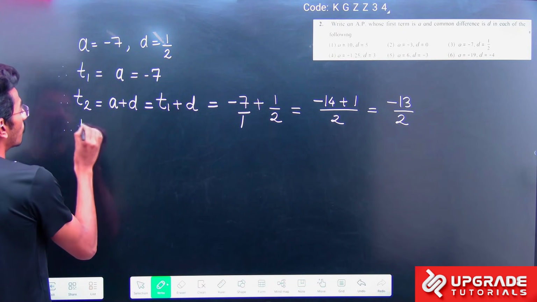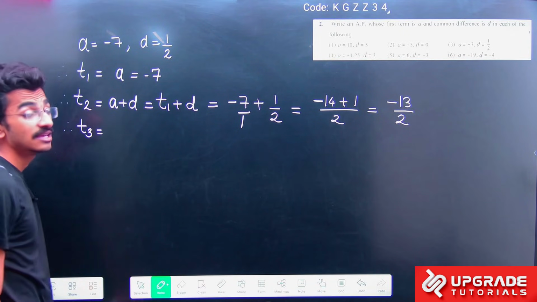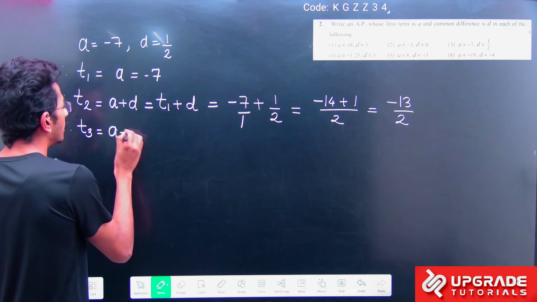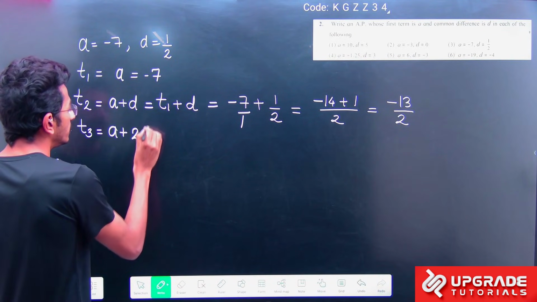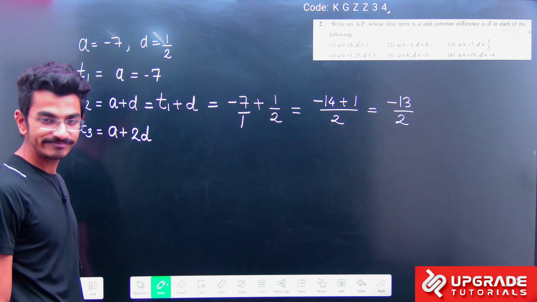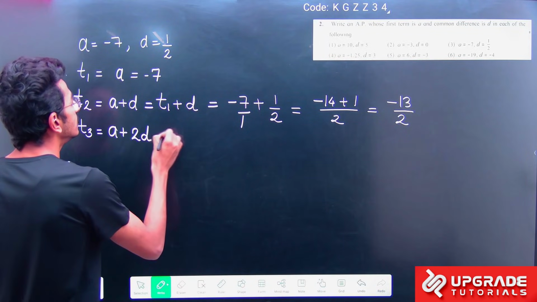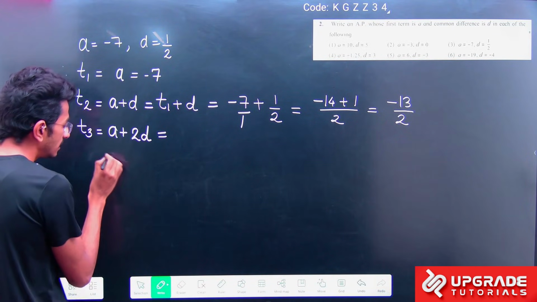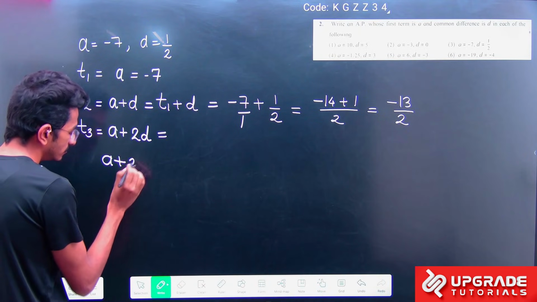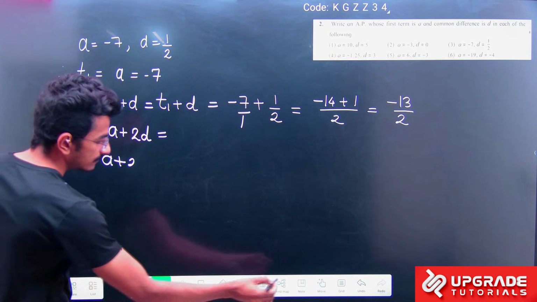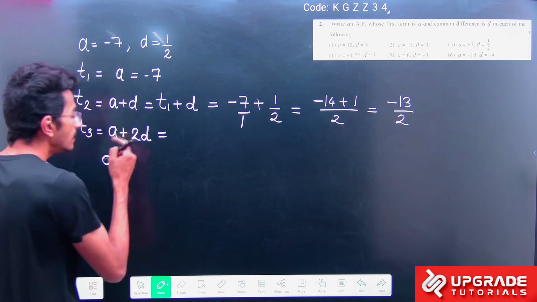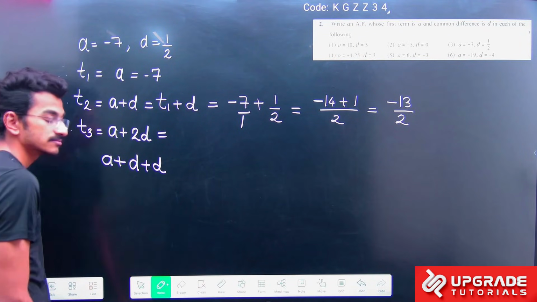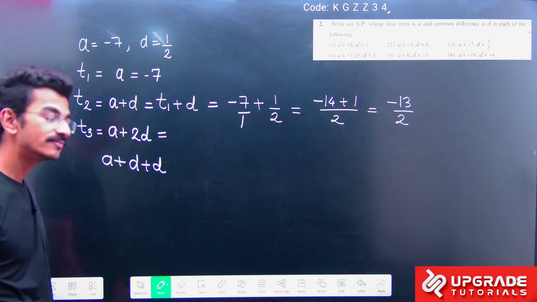Similarly, what is the third term? The formula for the third term is A plus 2D. I can write this A plus 2D as A plus D plus D. Is it correct?